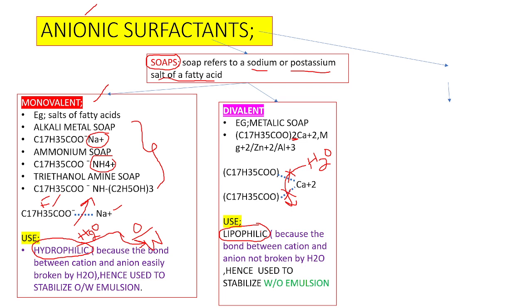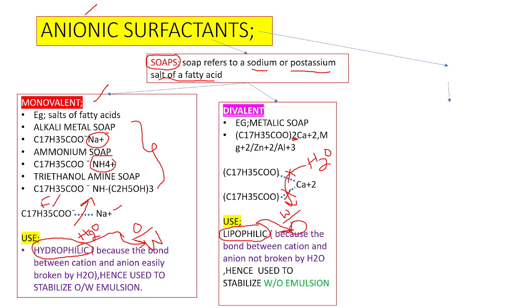When the surfactant is lipophilic in nature, we can use it in water in oil systems. If the oil is the continuous phase, then we can use the lipophilic surfactant. For the stabilization of water in oil systems, we can use the divalent soaps. Monovalent soaps we can use for the oil in water system.